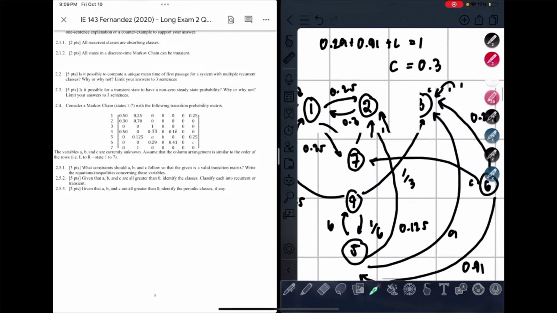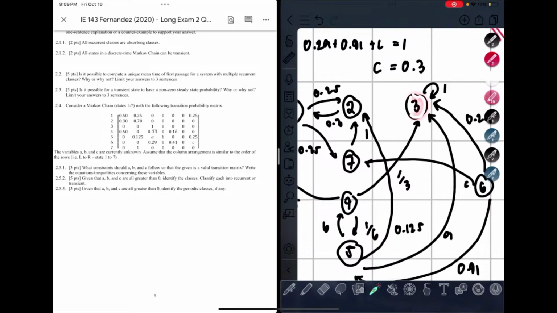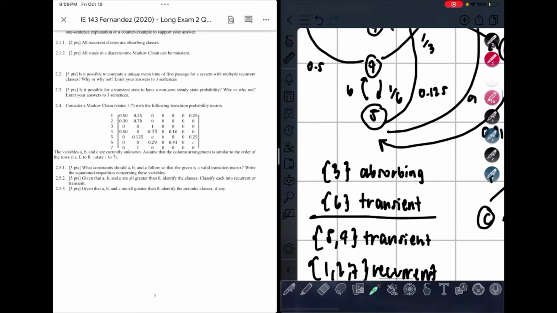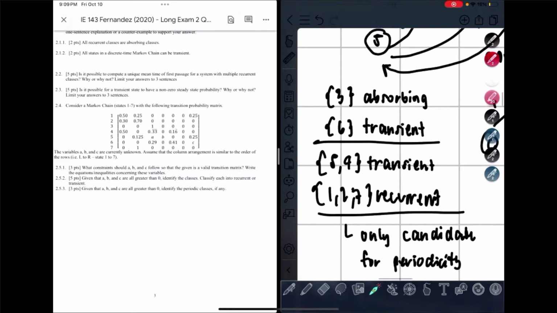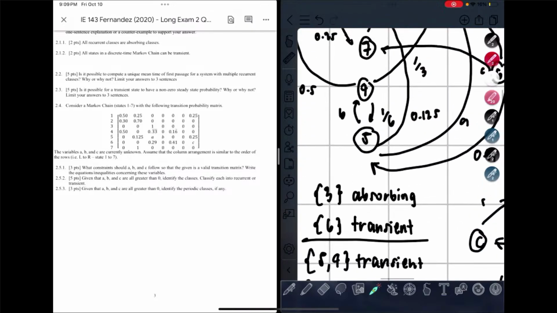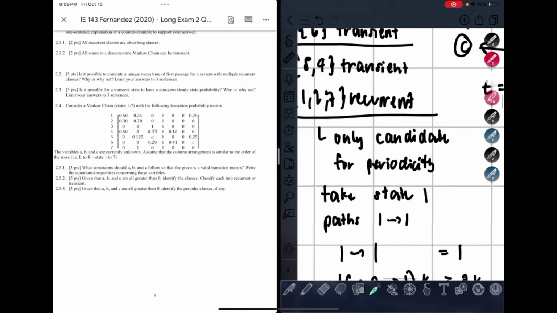If you are absorbing, you will return to yourself all the time at an increment of 1. So your T, your mean time before you return, is always 1. So meaning automatically di na siya pwede. So that means that our only candidate for periodicity is 1, 2, and 7.